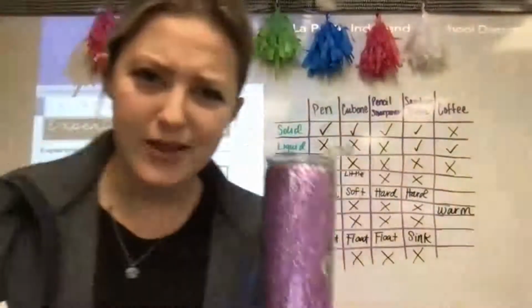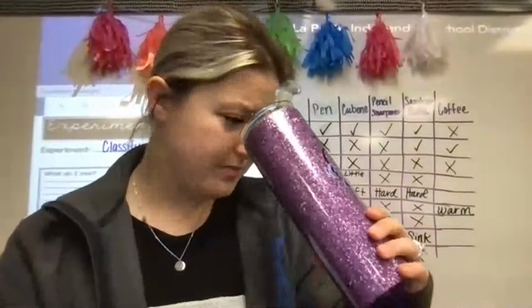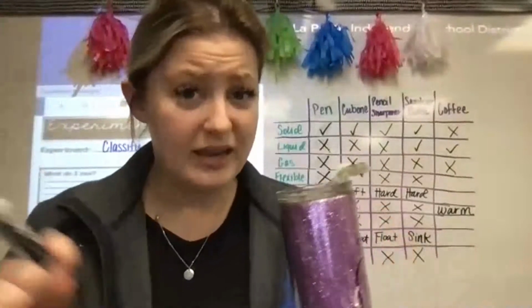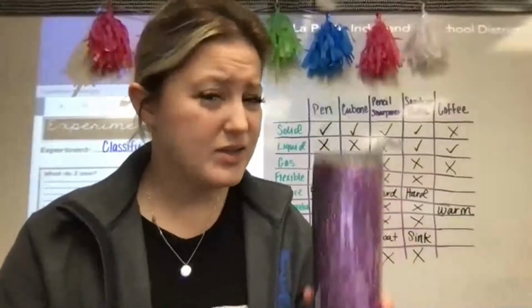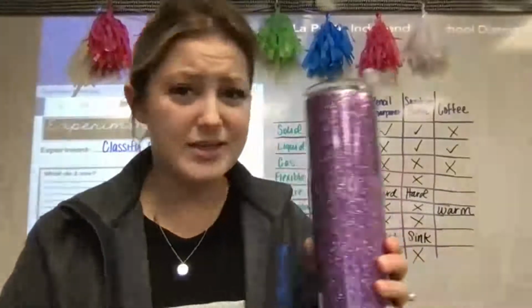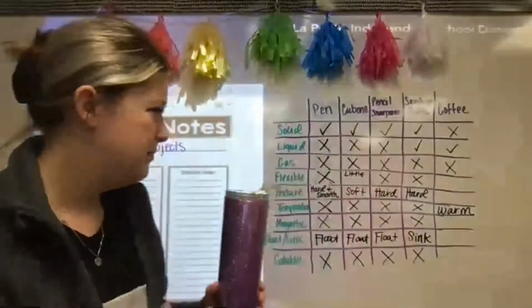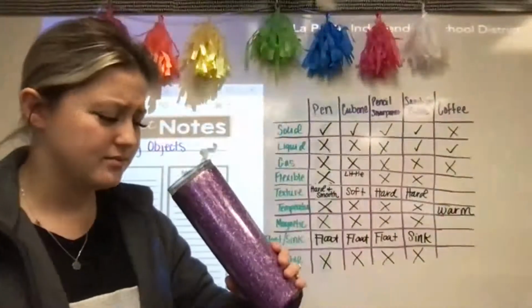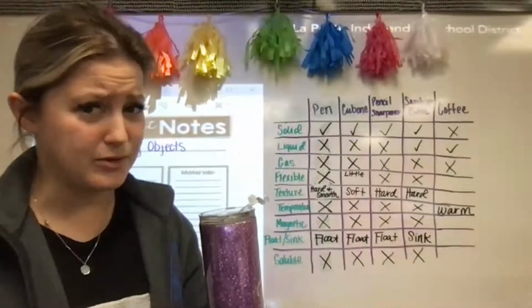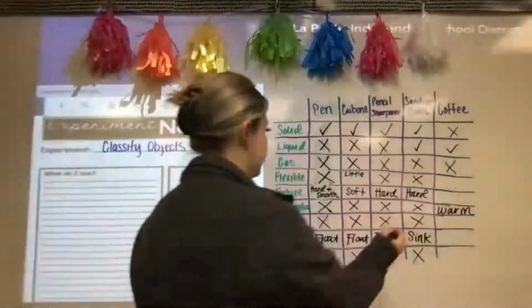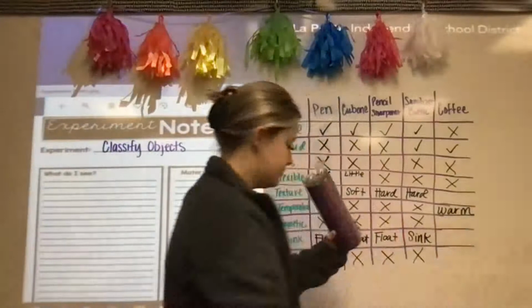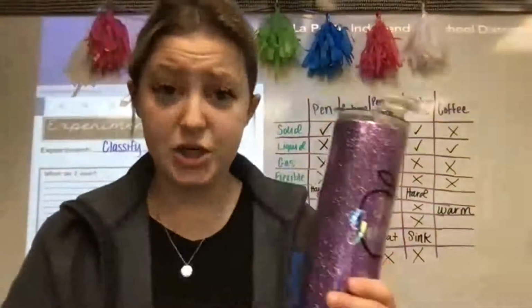Okay, back to flexible. Well, I can't bend it. It's already a liquid. So it's not really flexible, but it does slosh around when you move it. That one's a little hard. It's not flexible. I can't bend it. The texture?